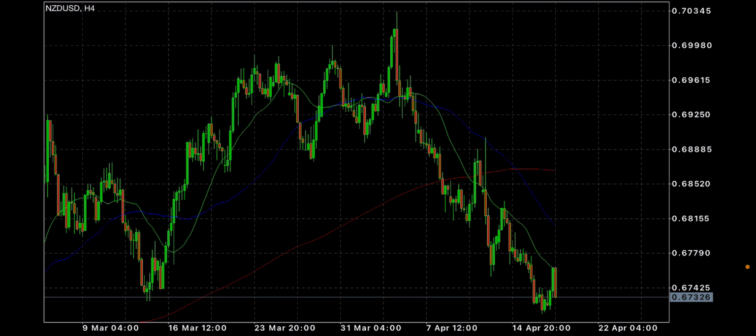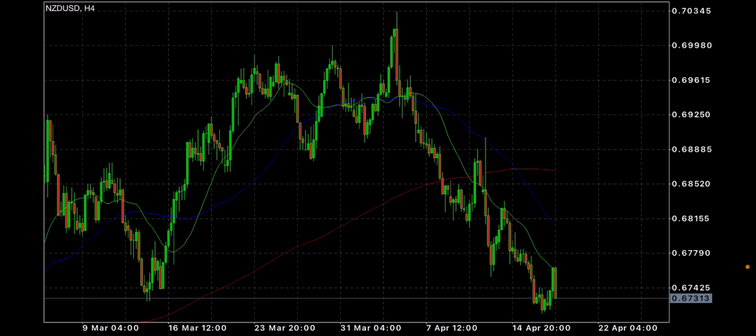So let us discuss what is happening with the fundamentals. We did have some positive news come out about the NZD during last trading week, around the 13th. Its PMI actually came out higher than it was previously, which is good. But the New Zealand economy does have a growing dark cloud over it, which is global inflation.